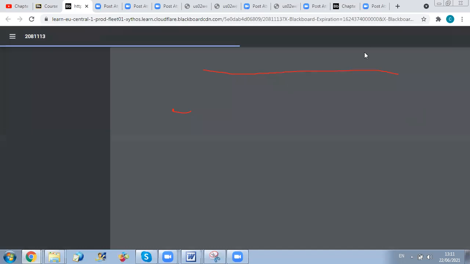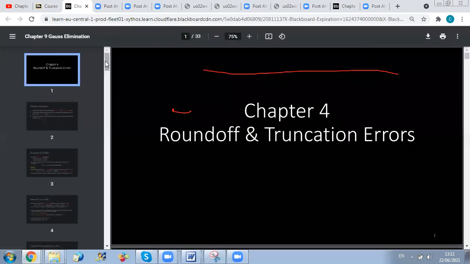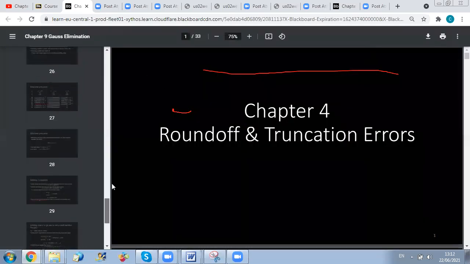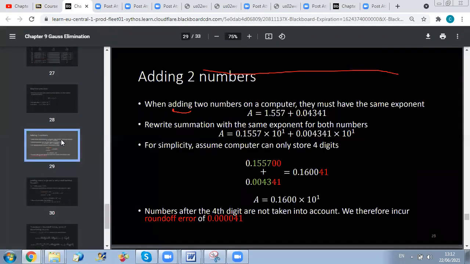Slide 24. Yeah, just 1 minute. Take your time. 29. 29 دكتور. Okay, 29. Okay.